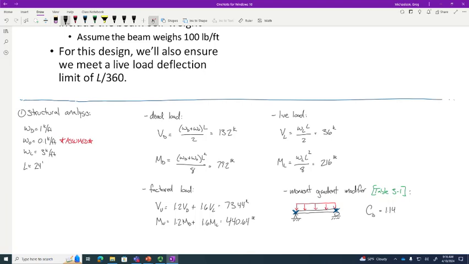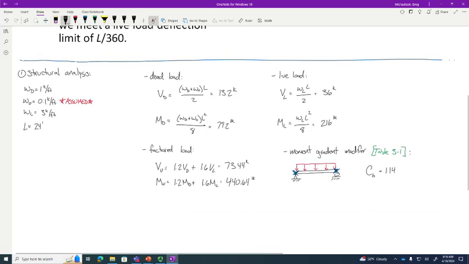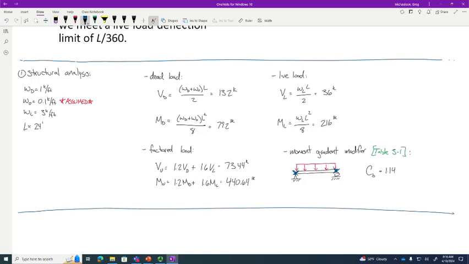And CB, just so we have it readily available, I'm just going to have that over there on the side. Okay. Is everybody okay with this so far?